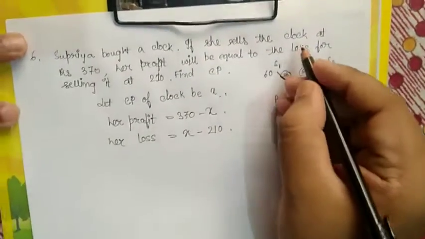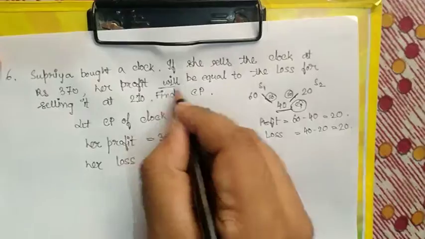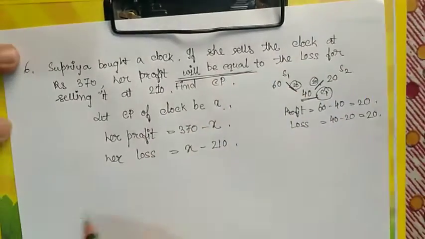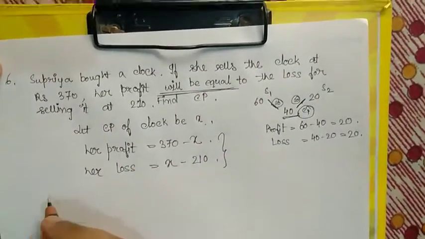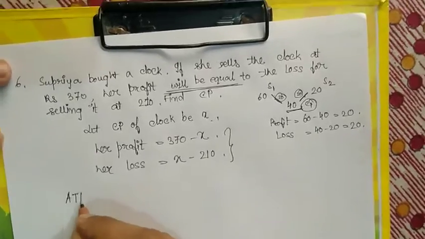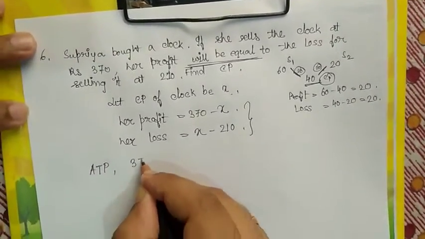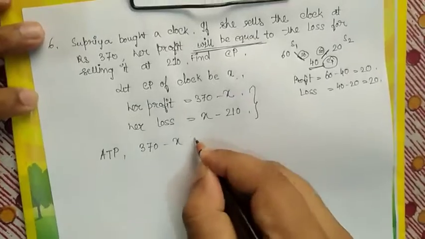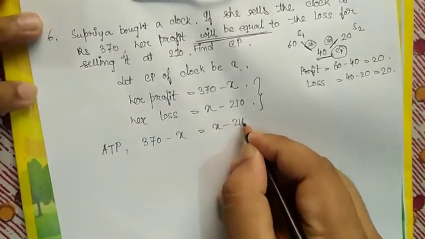We know both the profit and loss will be equal. So according to the problem, 370 minus X equals X minus 210.